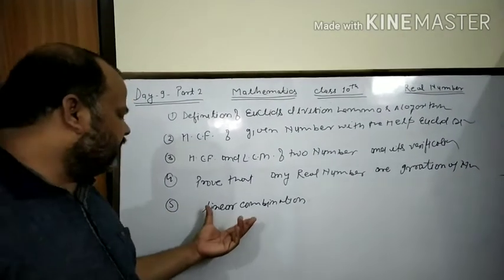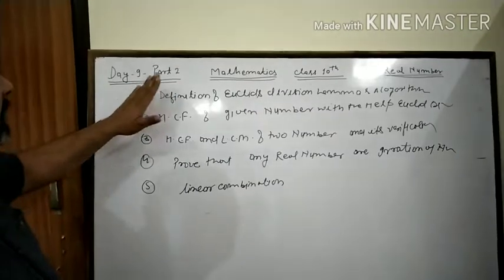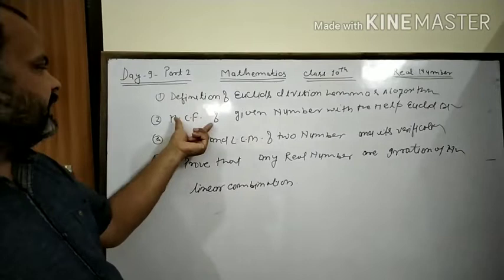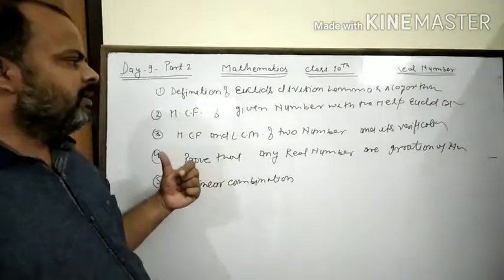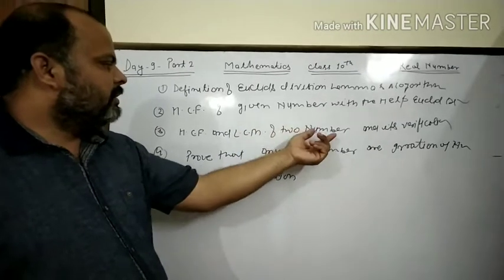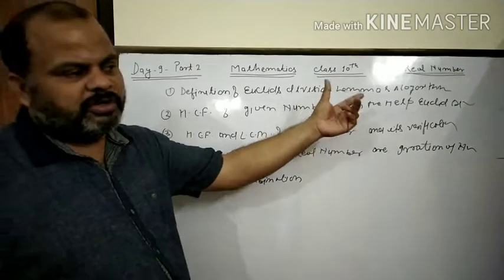This linear combination is asked rarely, but the first definition with the Euclid division lemma and algorithm, it may be possible. HCF of given numbers with the help of the Euclid division algorithm, HCF and LCM of two numbers and its verification. You know that HCF into LCM is equal to the product of the numbers.